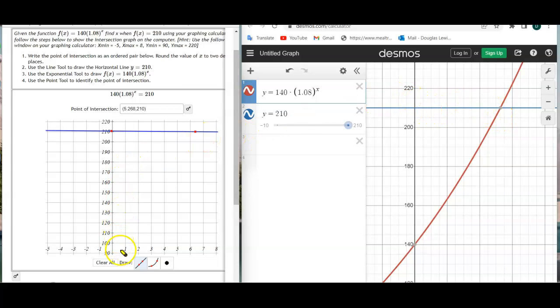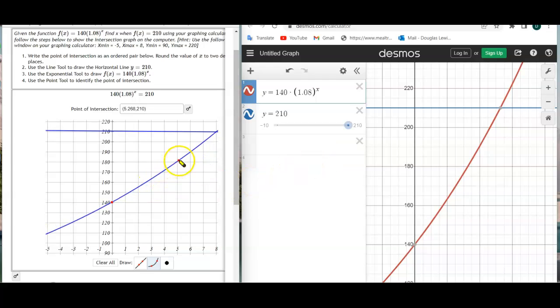Now I have to click on the exponential curve, and 140 is one of the values right there. And then the other value is, well, remember I had some over here, it's 5.268.